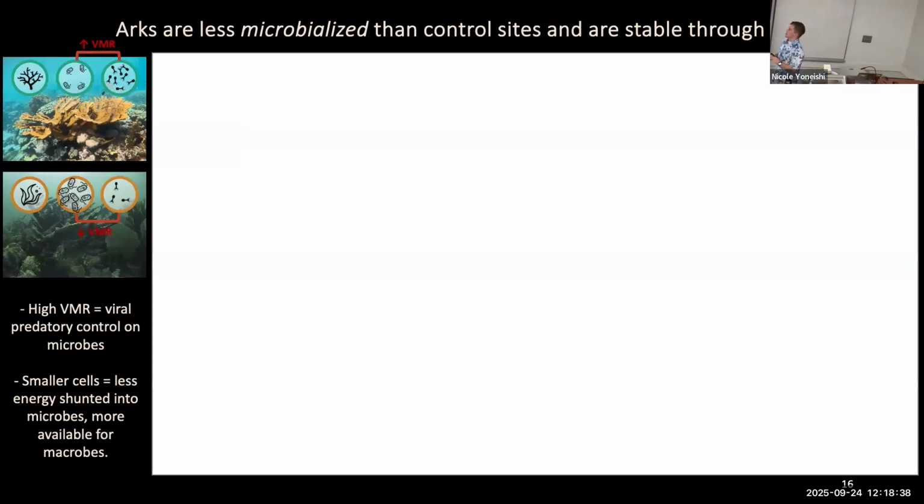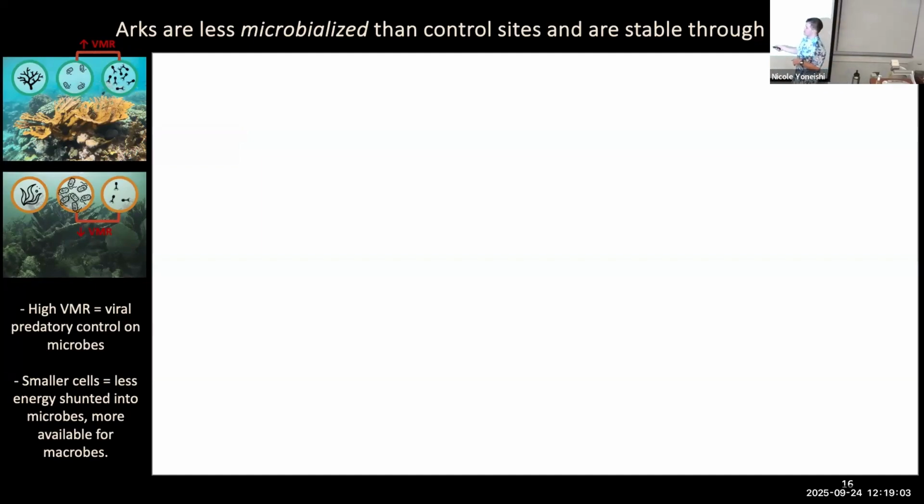So back to our microbial stuff. It's a little hard to see this up here, but I want to remind you before I go into this data of what we expect to see microbial communities look like on a healthy versus a degraded reef. Especially from the perspective of abundances, we expect healthy reefs to have a high VMR, which means that there's a lot of viruses relative to microbes. That's indicating viral predation.